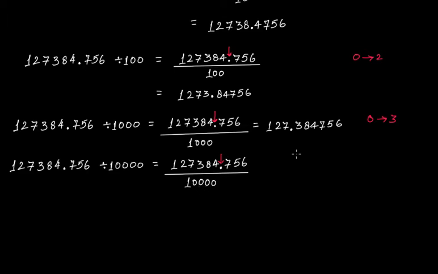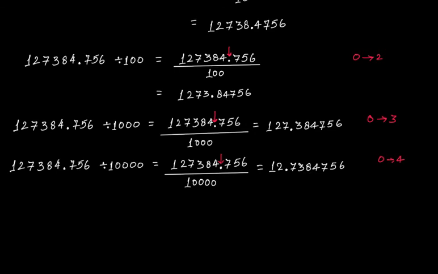How many zeros do we have in 10,000? We have 4 zeros. To the left of this decimal point, starting from the first one, count 4 digits: 1, 2, 3 and 4, that is 7. Place your decimal point just before 7. So this will be 12.7384756. We don't need any of this because this is the answer.